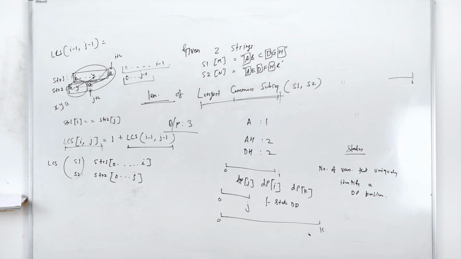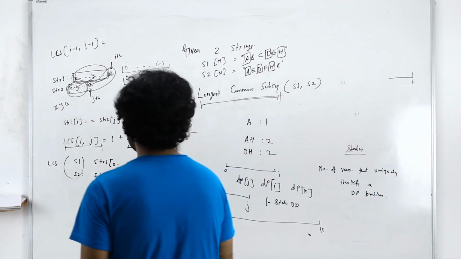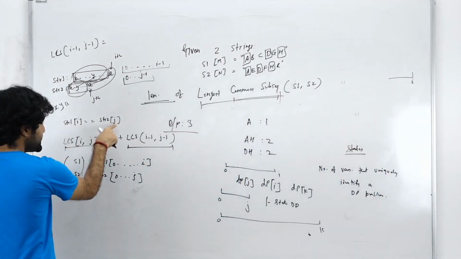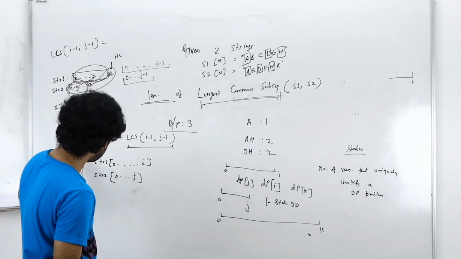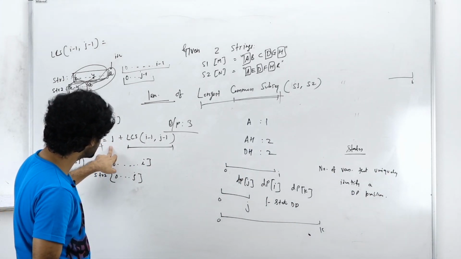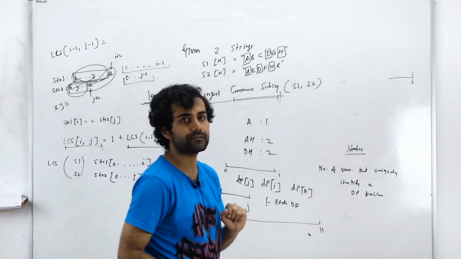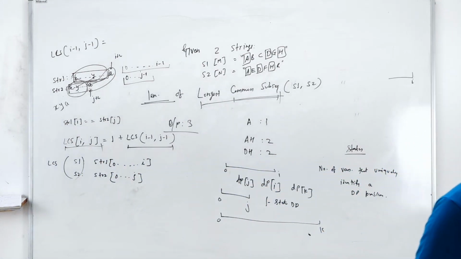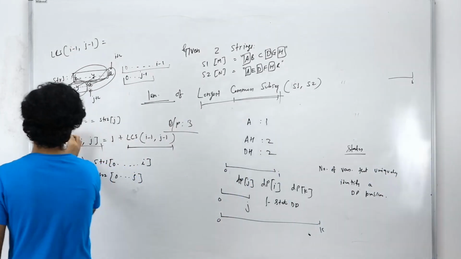So that is the reason I am saying that if string 1 I is equal to string 2 J, then LCS ending at I comma J is 1 plus this thing. Is that clear to all? Yes, it is the case where the last character is matching. That is the reason I have written this thing explicitly.